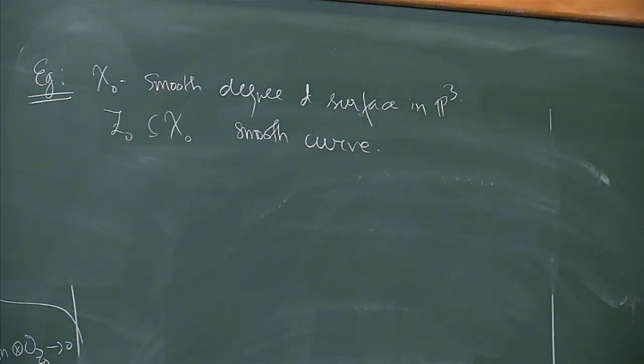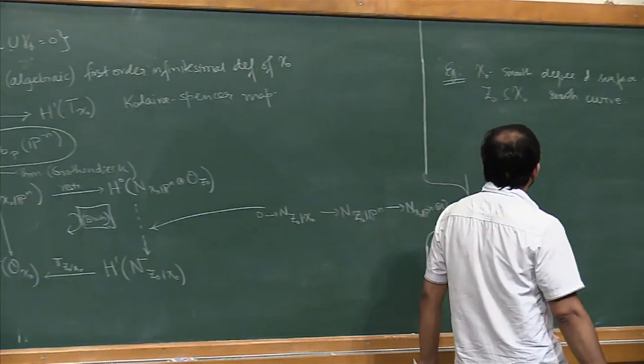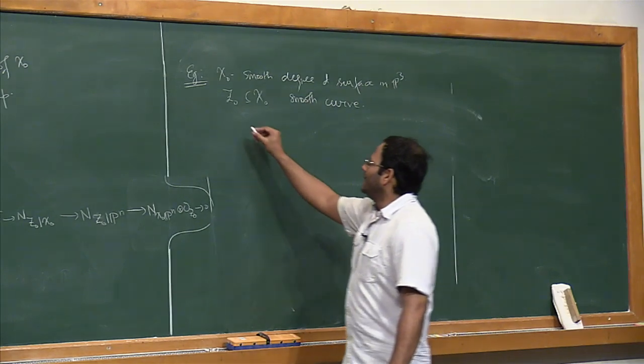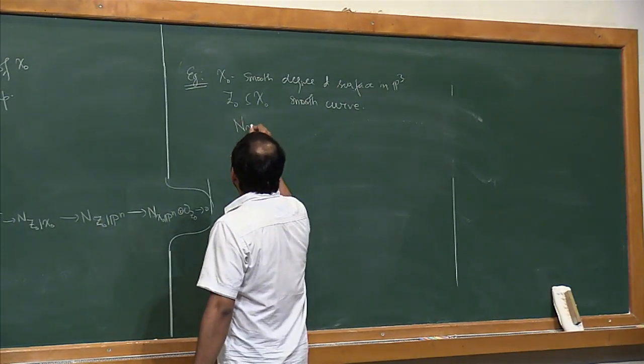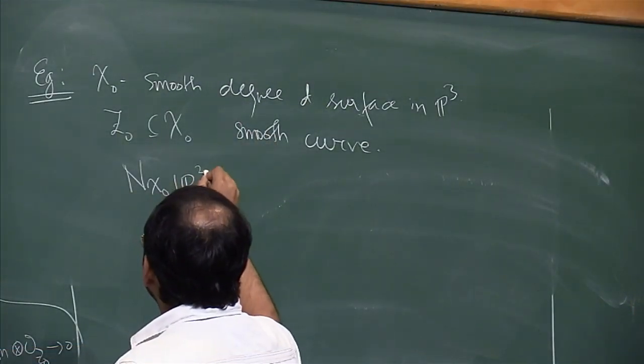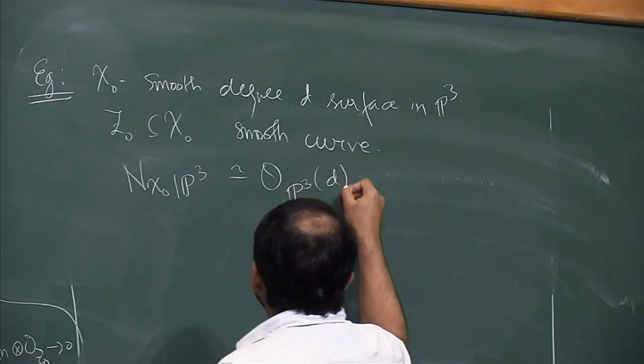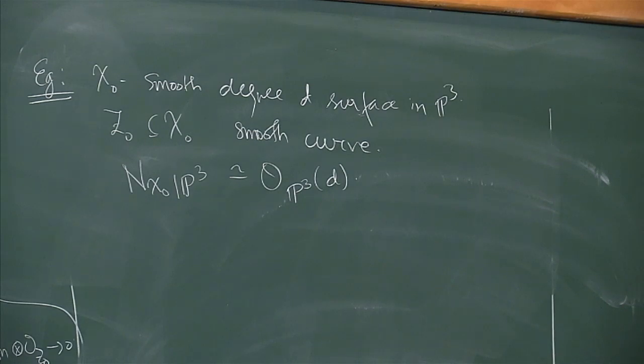So, there is another hint that I need to say: since this is a complete intersection, n of x0, this thing is isomorphic. This is a standard result, I think, in complex algebraic geometry.